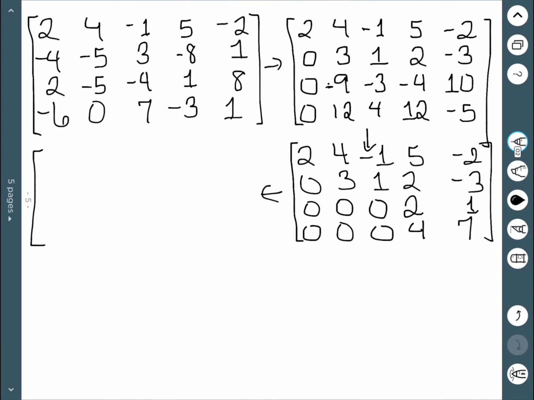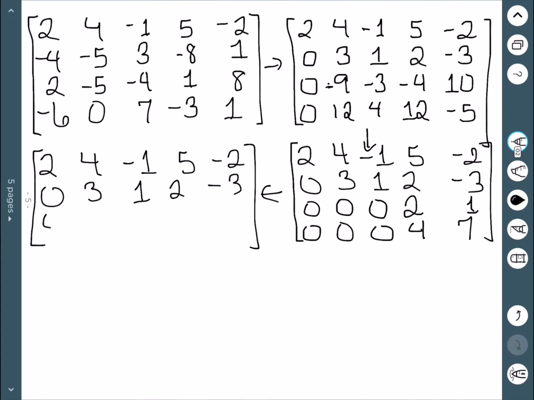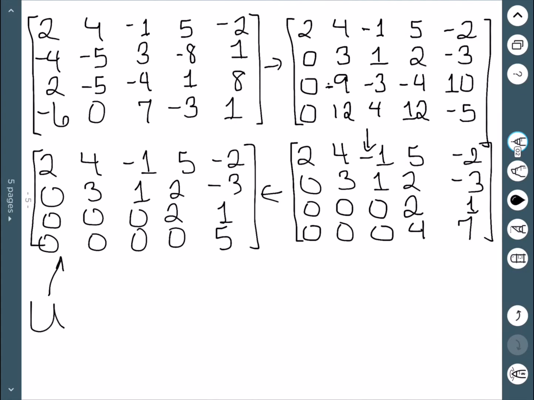Now that I've done that, my first, second, and third rows are not going to change. And now I'll try to get the 0 below the 2. So negative 2 row 3 plus row 4 would give me negative 4 plus 4 is 0, and negative 2 plus 1 is 5. And this matrix here is our matrix U.